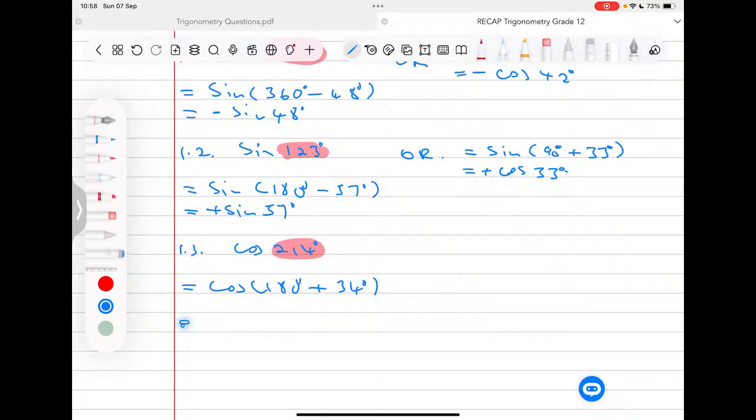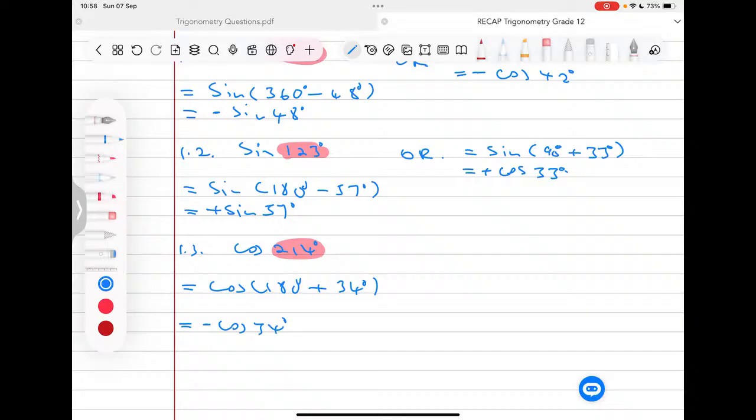Now, following this, we realize that this looks like something we have seen on our reduction formula diagram, where you can then say that in the third quadrant only tan is positive. So this will be a negative of cos 34 degrees, right?